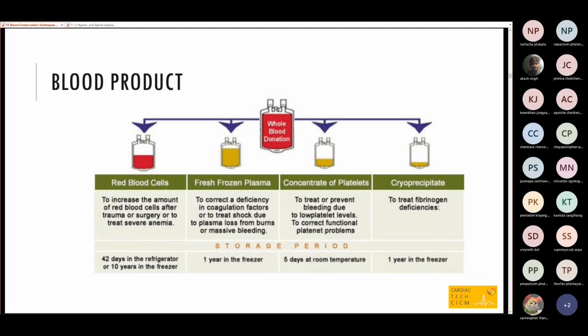So here also, if you are donating blood to other people, your blood is going to separate into four main components. Firstly, the red blood cells. Secondly, the plasma, platelets, and cryoprecipitate. So here is the indication to use. We also use these during cardiac surgery.